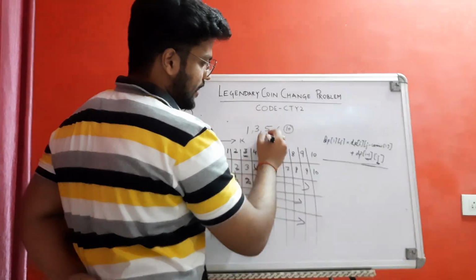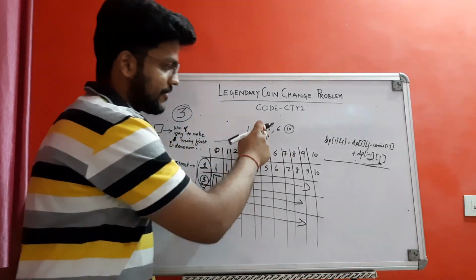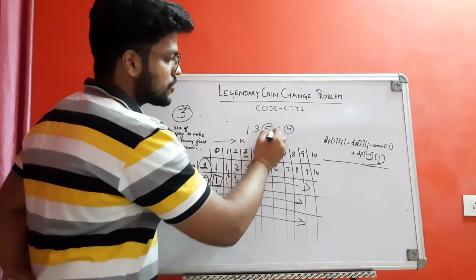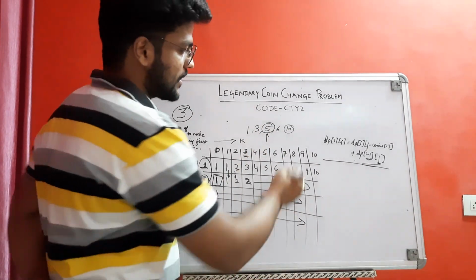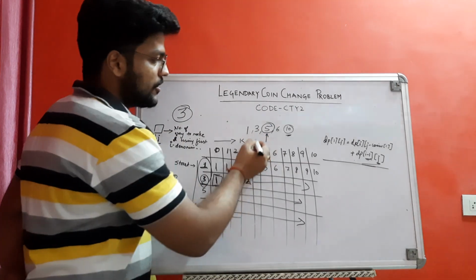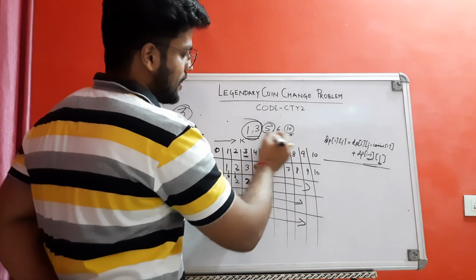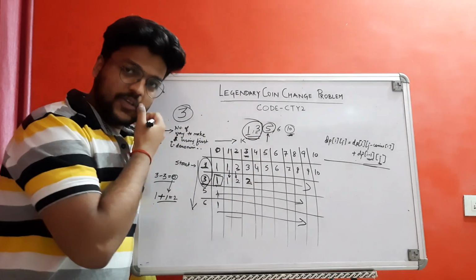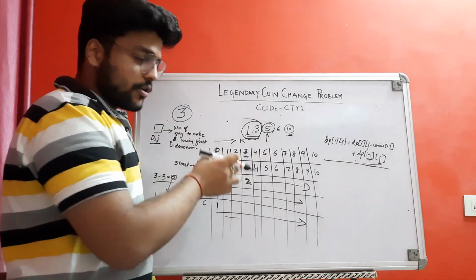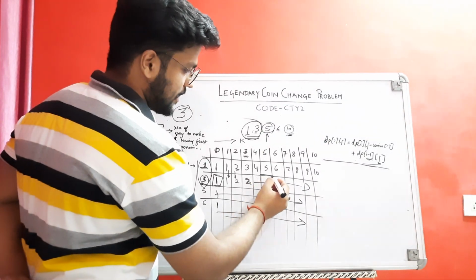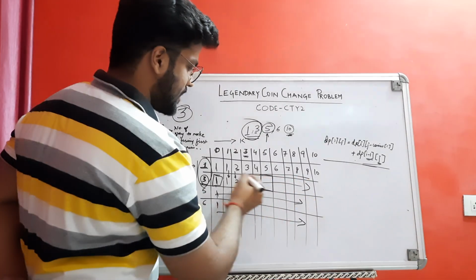Let's say coins[i] equals 5. If you are not using it and you still have to make the sum 10, what will you do? You will see how many possible ways there are to make 10 by using 1 and 3. So you are moving to the smaller problem to fill the dp. If you are solving this, then you are using this array.